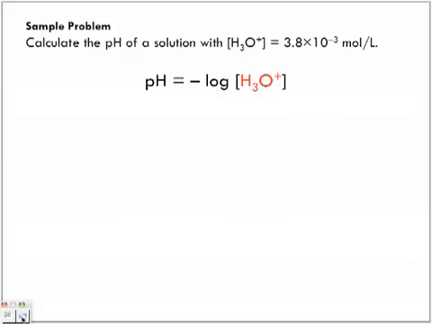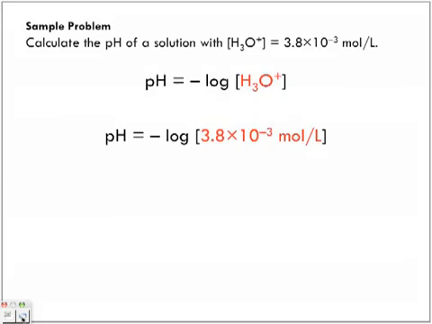So I'm going to substitute 3.8 times 10 to the power of -3 into the hydronium, and put that into my calculator. The only thing I won't be able to put in is the moles per liter.